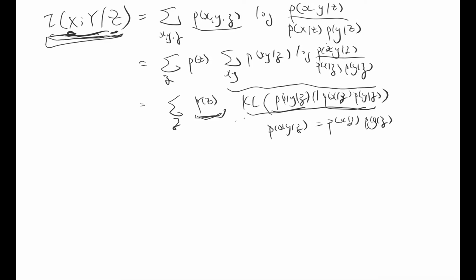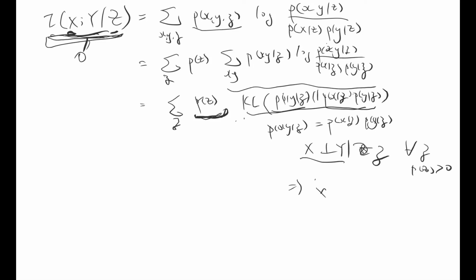And that is basically just x and y are conditionally independent given c. It's the same argument: if this is equal to 0, then we need x, y to be conditionally independent given c, for every c with P(c) bigger than 0.